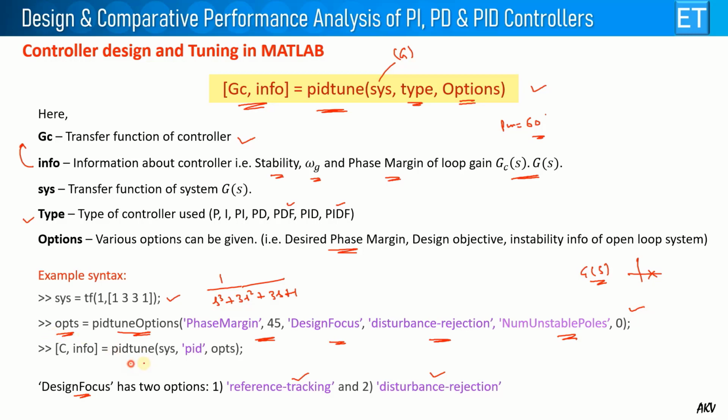Then we can use this pidtune function like this: system, that is your transfer function, and the type of PID controller we are designing, and then we pass the options which we have defined here. When we execute this pidtune, we get the controller transfer function and its corresponding info.